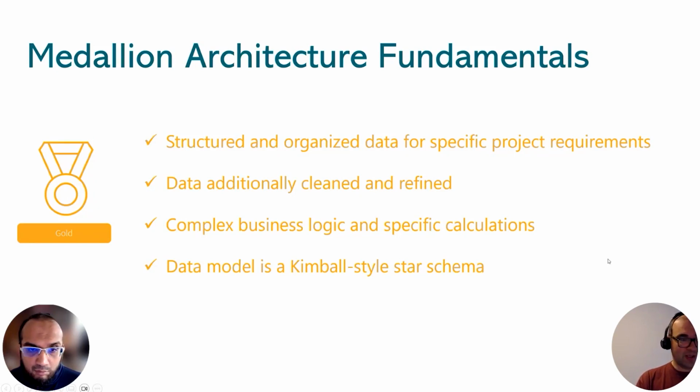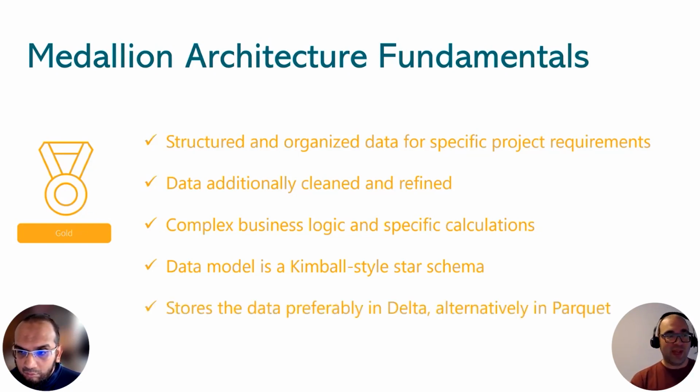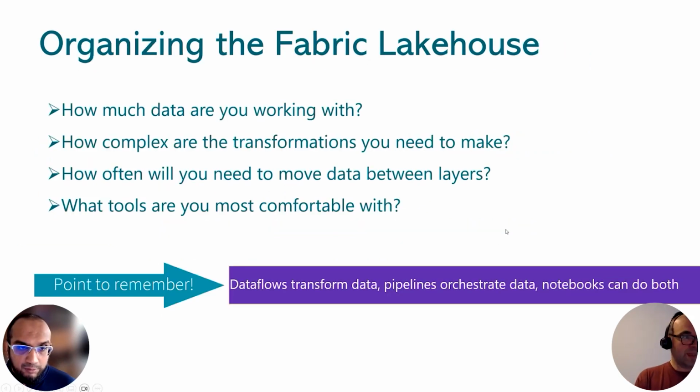Hopefully you all know about Kimball's concepts and star schema. If not, we will cover that also in a few minutes. So data is denormalized to support business reporting requirements, preferably stored in Delta, especially in Fabric because of multiple different implications downstream. Alternatively, it can also be Parquet, but Delta is preferable.